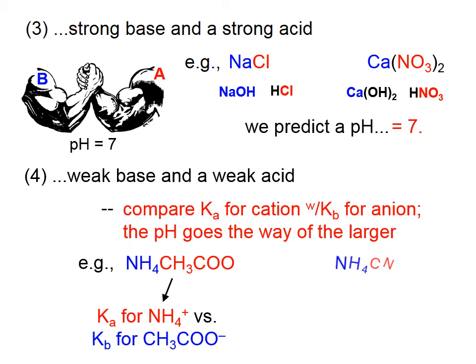If we had another example, this is ammonium cyanide. We would need to find the Ka for the ammonium ion versus the Kb for the cyanide ion, and whoever's bigger wins. Notice that we only need to do this. We only need to work when both of the ions are related to weaks.